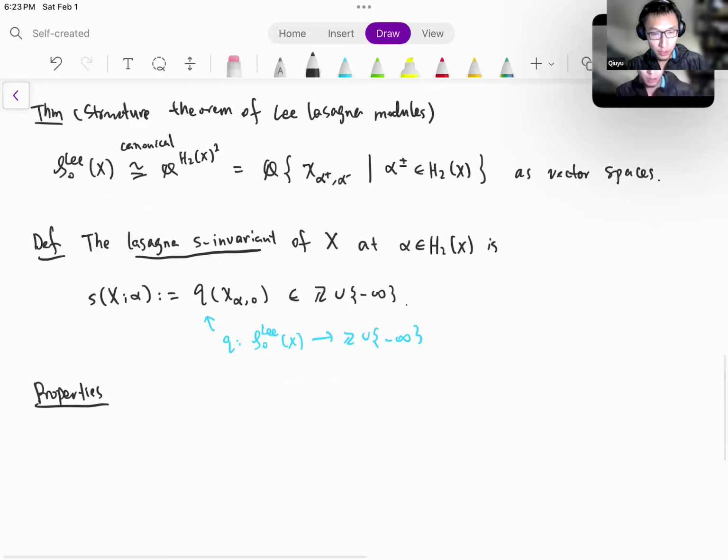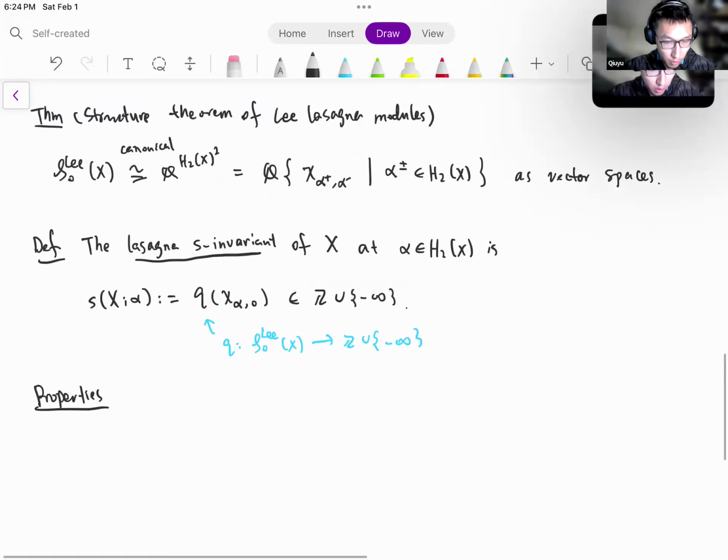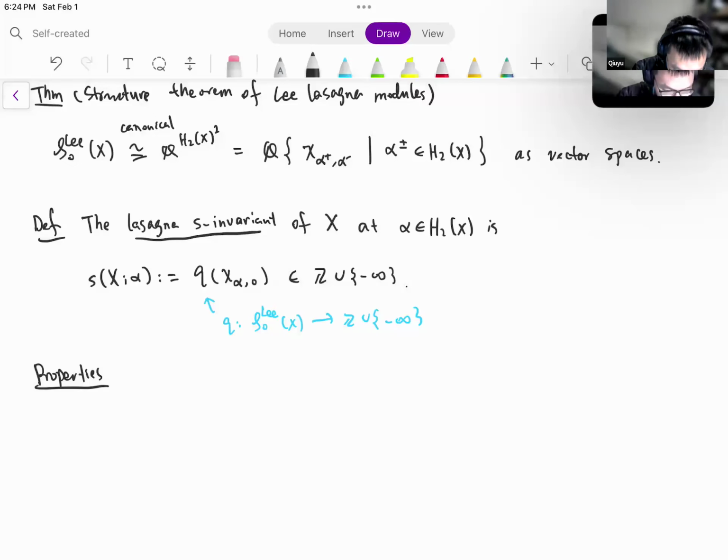I call them properties because they are not particularly deep. If you trace through this canonical isomorphism in the structure theorem and how everything is set up, then those properties will more or less be easy formal consequences.